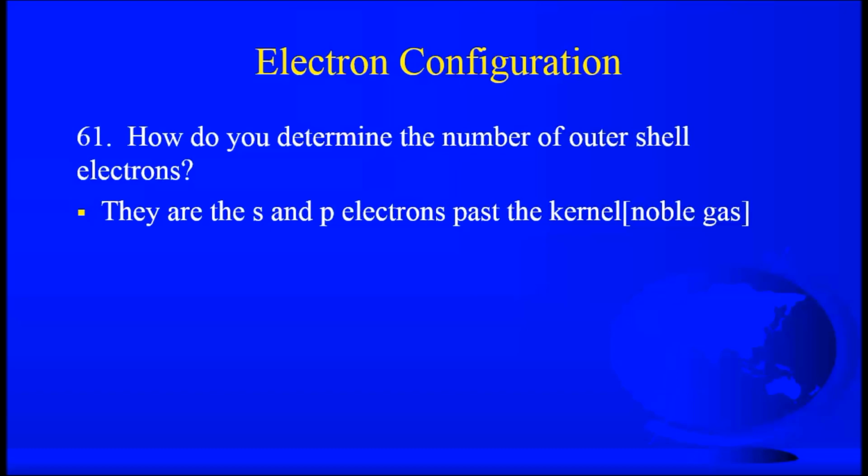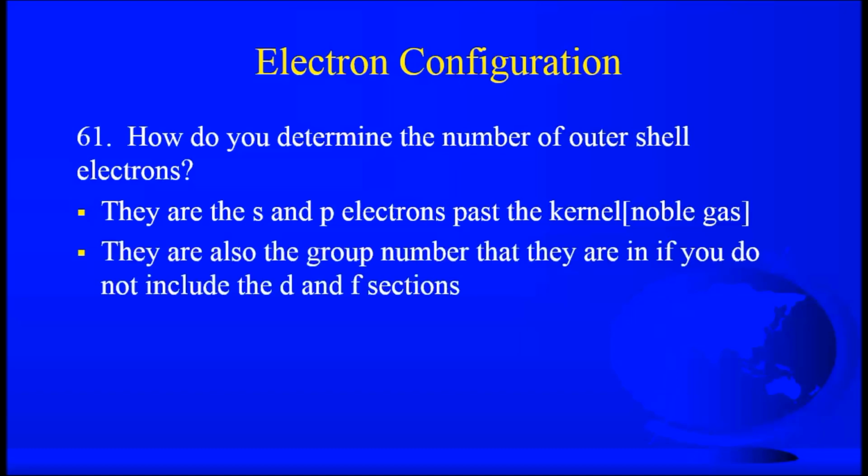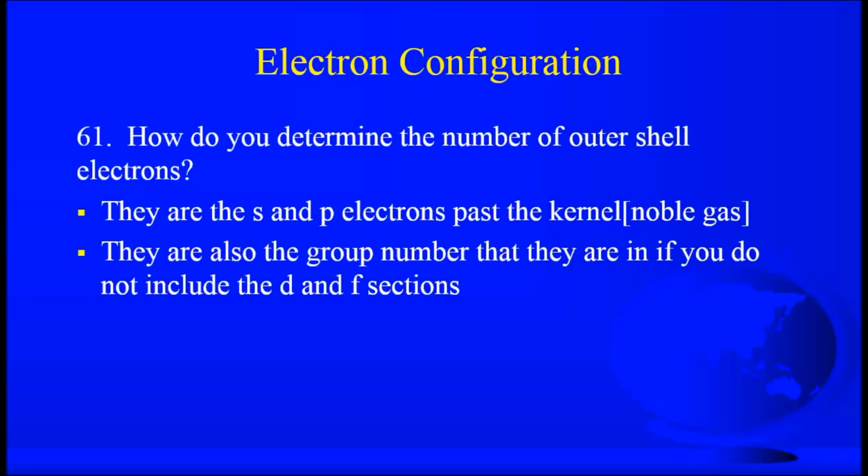Since they're only found in the S and P, there can only be a total of 8 of them. So you do not include the D or the F section when you're counting these things.